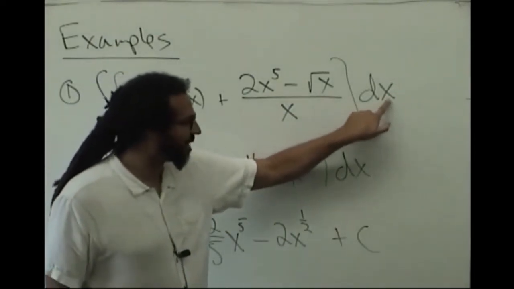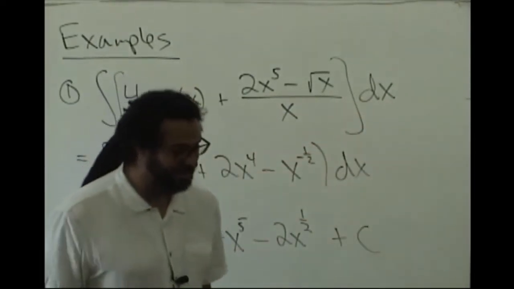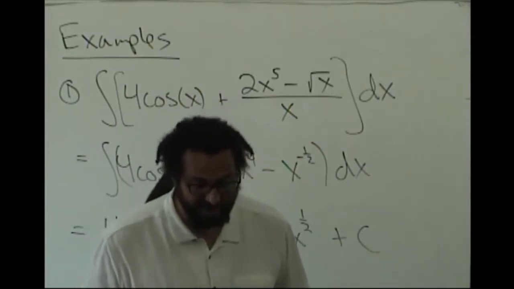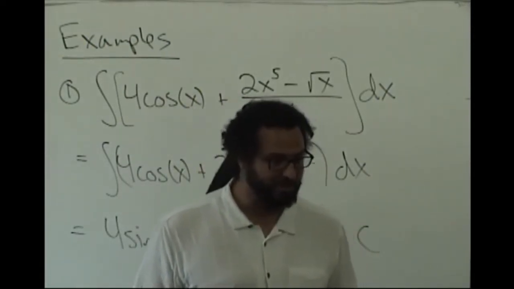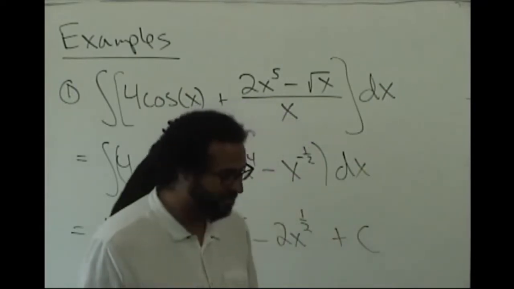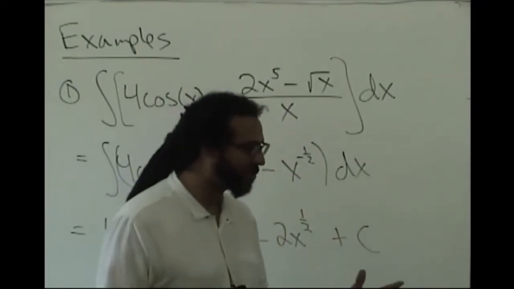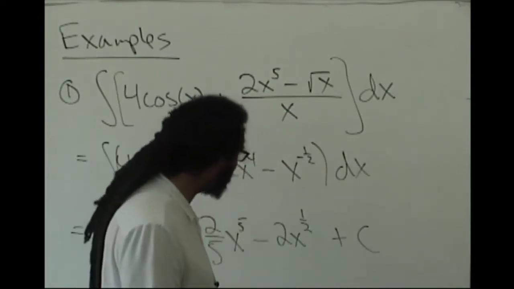That tells us that we're integrating with respect to the variable x. Like when we take a derivative, we need to know which variable we are taking the derivative with respect to.